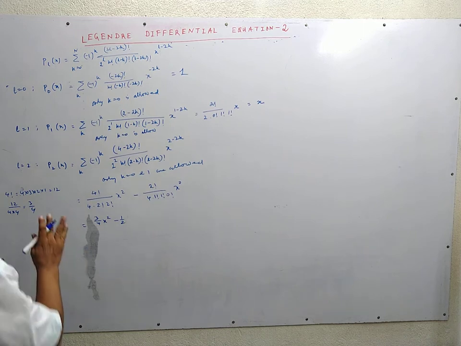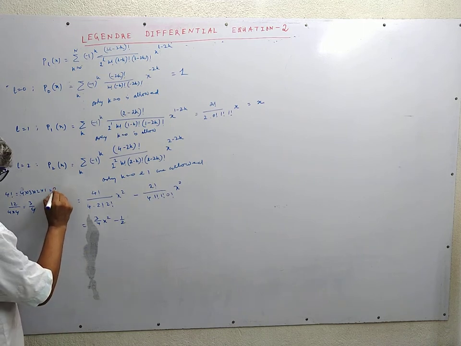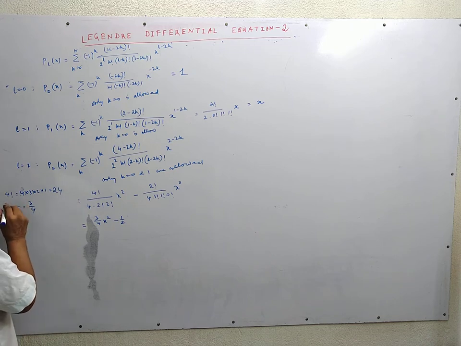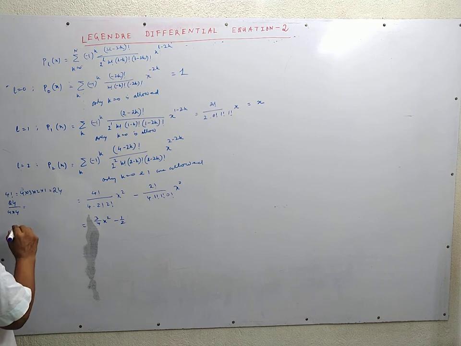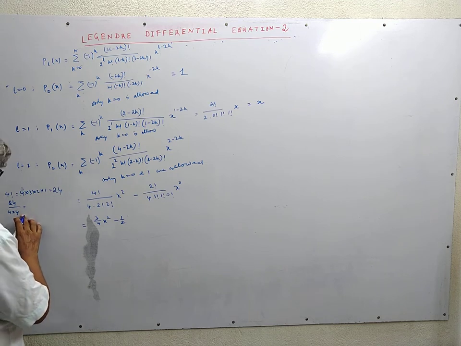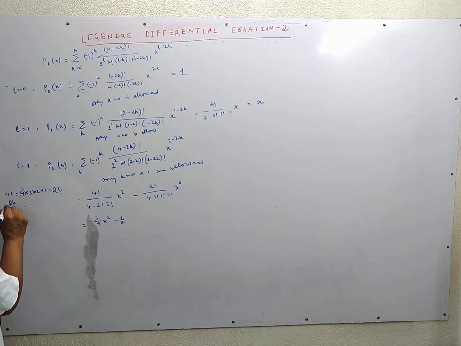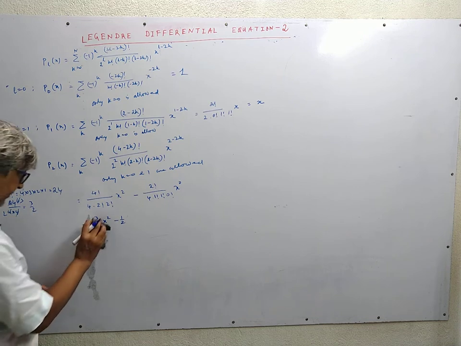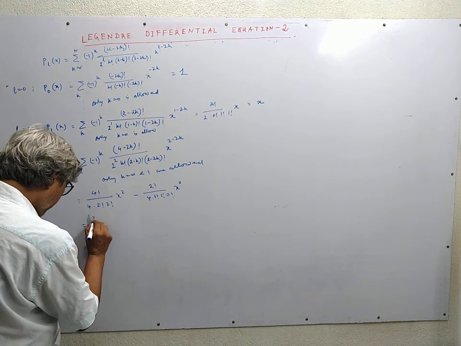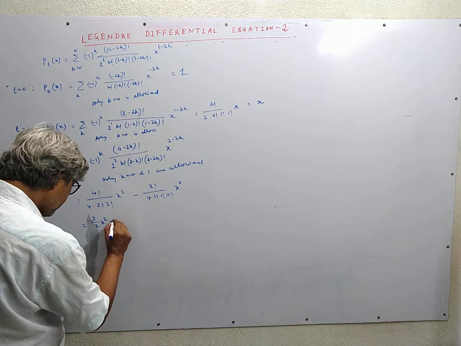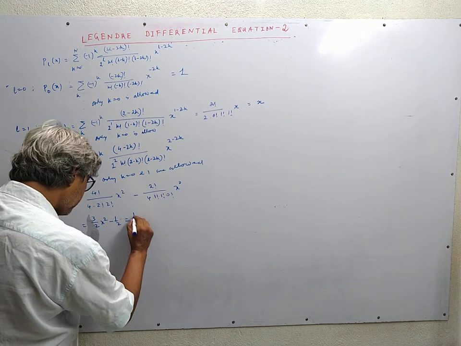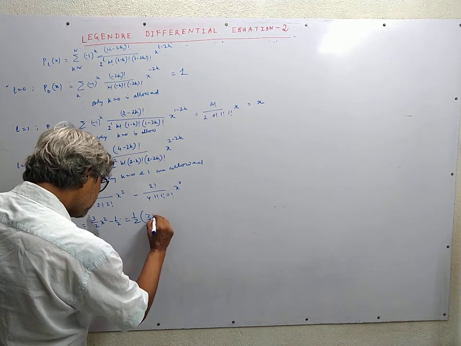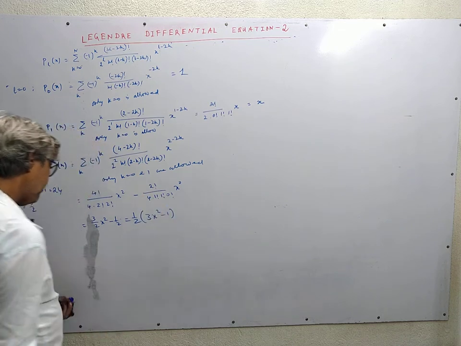There was a blunder. It should be 24. So the factor is 24 by 16, so it is 3 by 2, simple. So we get 3 by 2 x squared minus half. Taking half common, this is (3x squared minus 1) by 2.